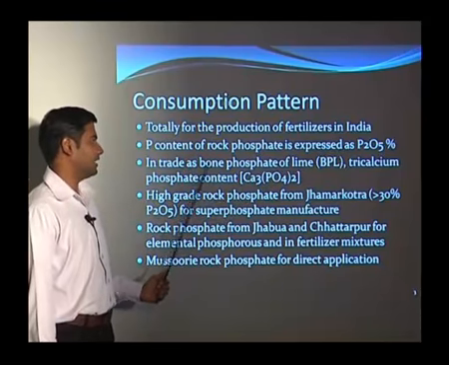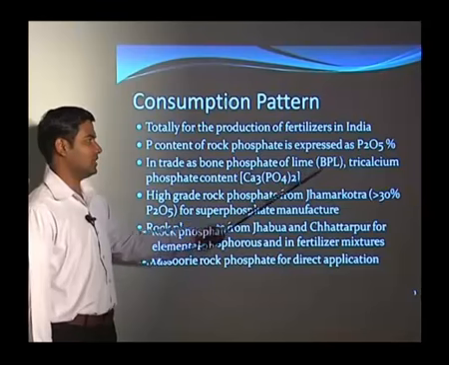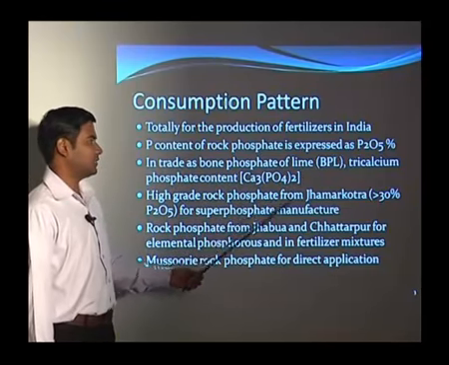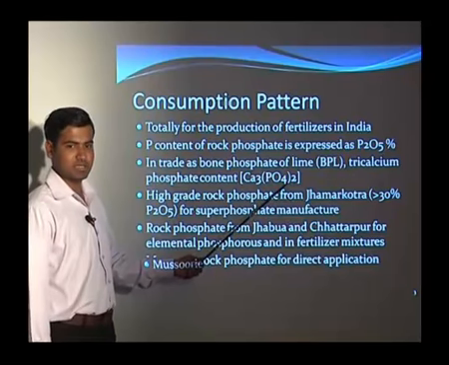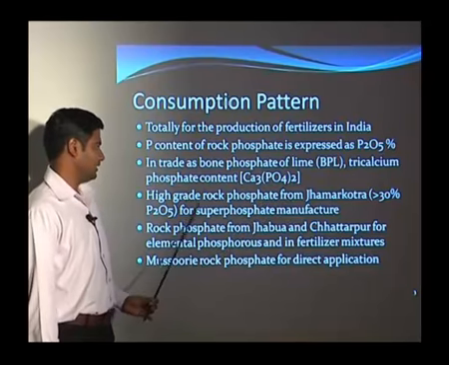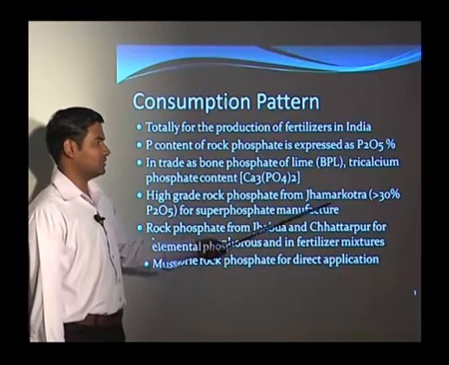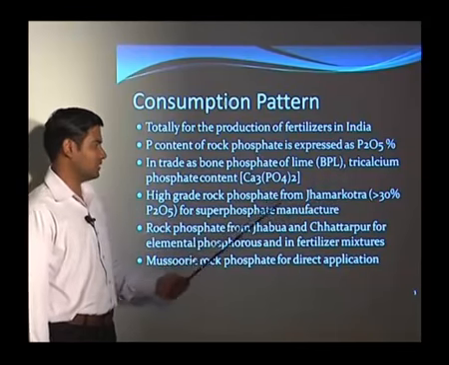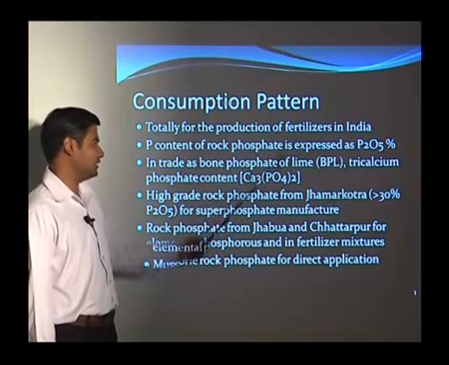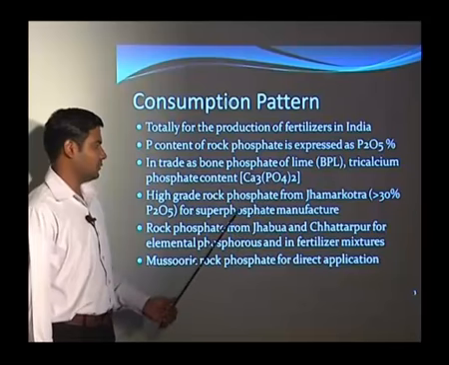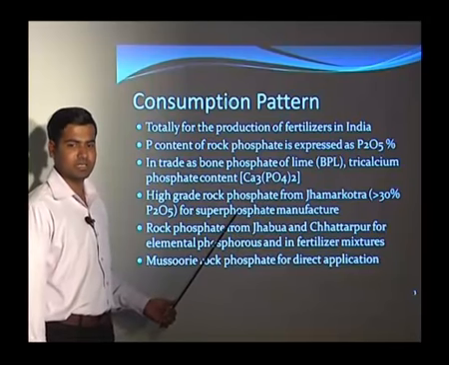Then there is bone phosphate of lime, that is BPL, where the tricalcium phosphate content, that is Ca3(PO4)2, is mentioned. Then there is high grade rock phosphate from Jamarkota, which has more than 30%. It is a very good percentage of P2O5 for superphosphate manufacture, I mean the phosphate content is higher in this range.